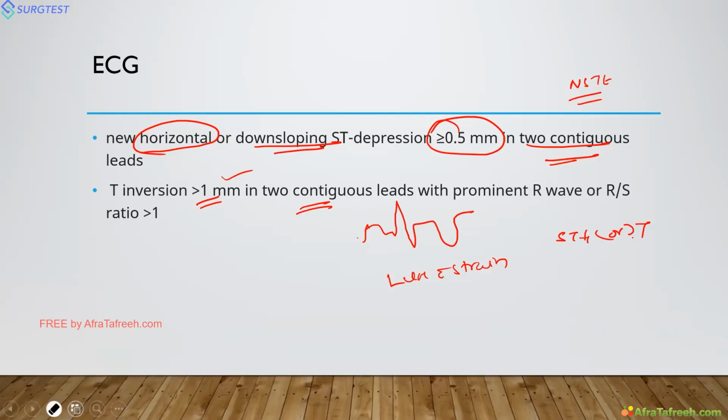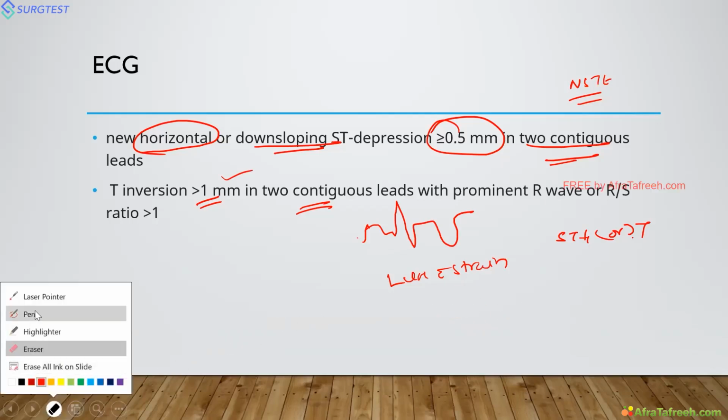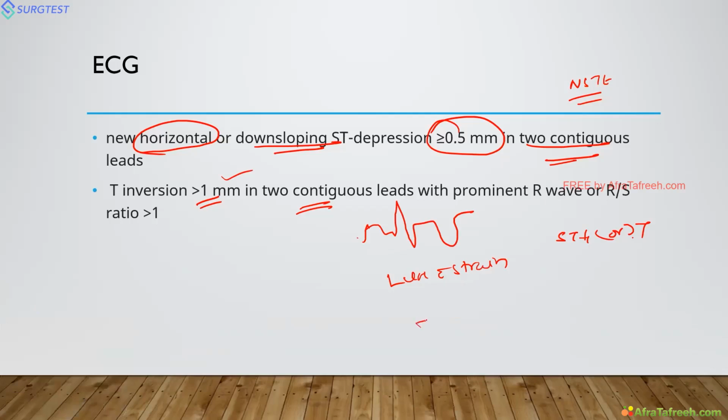This is ST depression. The patient will have it like this, with a sudden upstroke. It will not be symmetrical. But in this, the patient will have symmetrical T wave inversion with more than 1 millimeter in 2 contiguous leads.